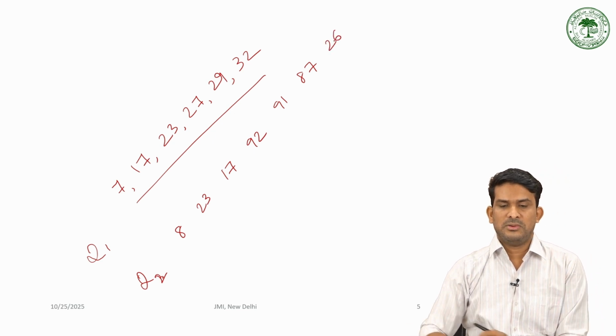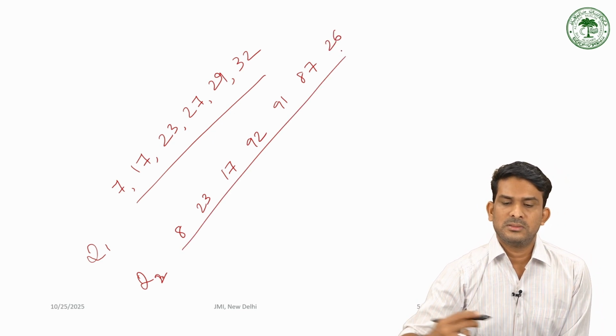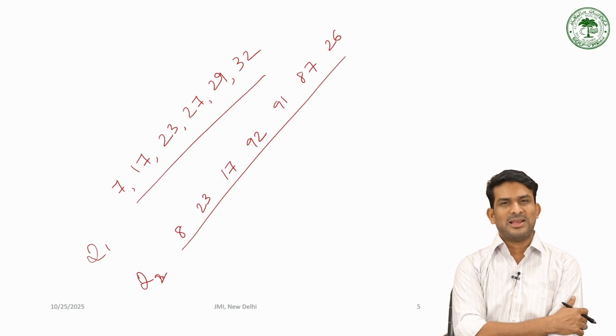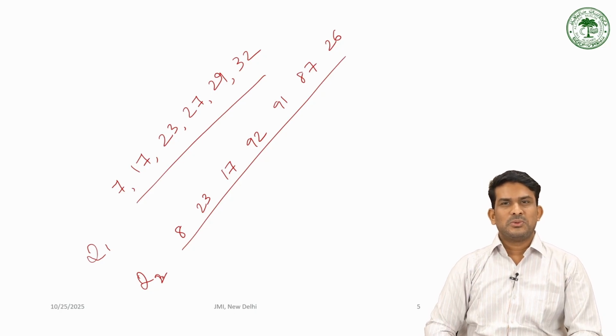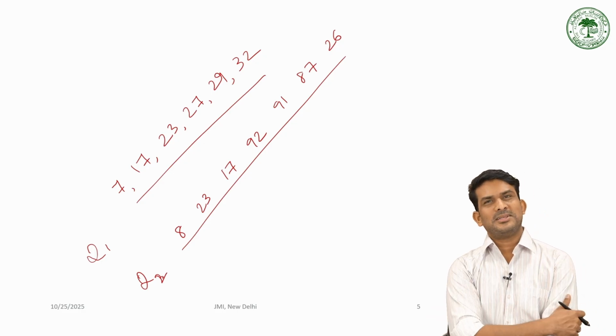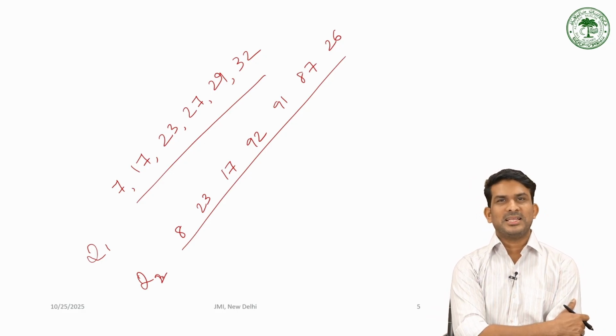This is another group of values. So one is odd and one is even. Can you calculate the median? I think it is clear, right? No issues to ask.